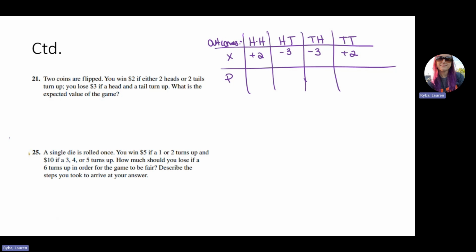Yes. So every single one of these outcomes has a fourth of a chance of occurring. 1/2 times a half makes a fourth. So this one's going to give me positive 50 cents. This is negative 75 cents, negative 75 cents, and positive 50 cents. So in the long run, on average, I am losing 50 cents per game.